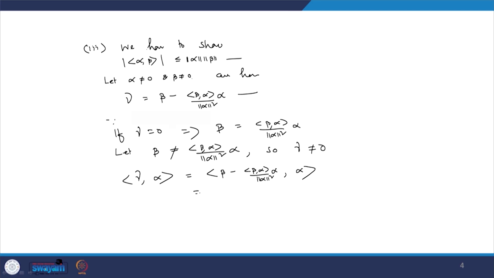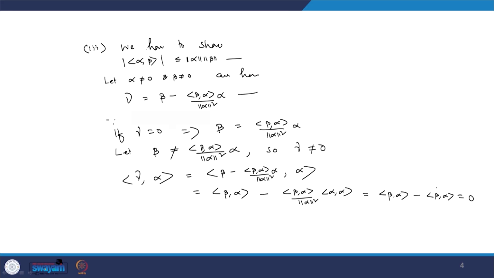So this is equal to the inner product of beta alpha minus the inner product of beta alpha by alpha square into the inner product of alpha alpha. I have used the property of the definition of the inner product. From that I can write the inner product of gamma alpha like this. So this is equal to the inner product of beta alpha minus the inner product of beta alpha only. So this is equal to 0.